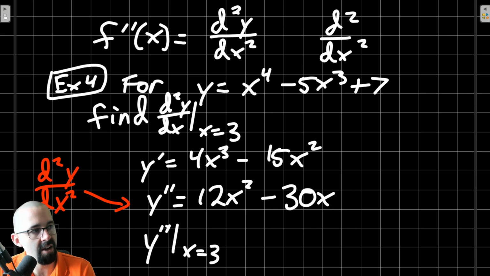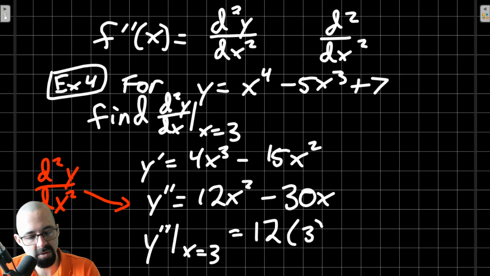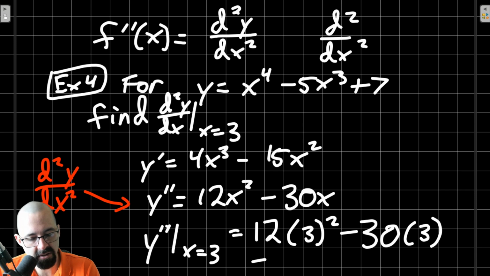So again, you can use that evaluation bar like this as well. All right, so we're going to get 12 times 3 squared minus 30 times 3. And you type that into a calculator, you'll get the final answer. This is 108. 108 minus 90 should be 18.